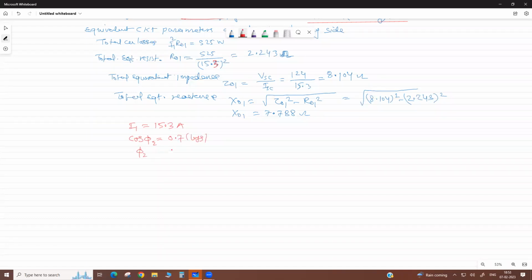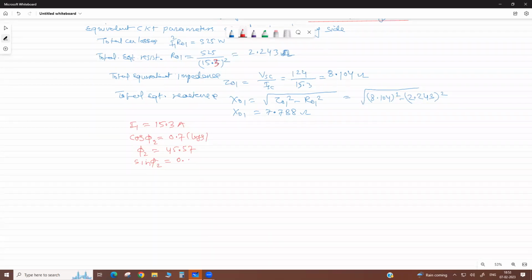Then phi 2 equals shift cos inverse 0.7. What is the angle that comes? 45.57. Then sin phi 2, the sine of this angle, comes this much value.